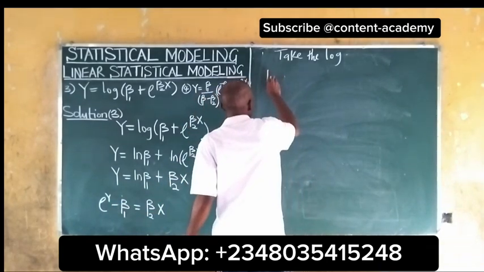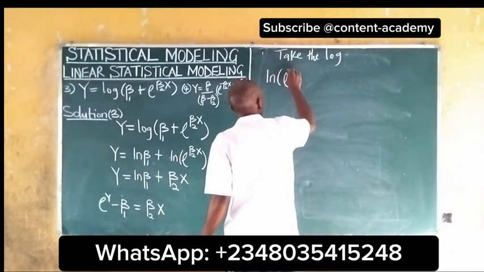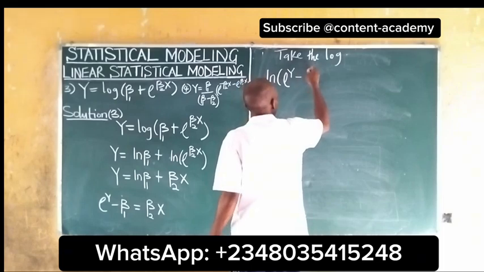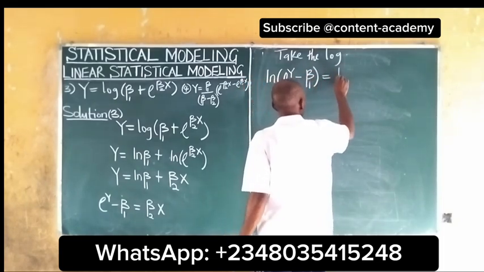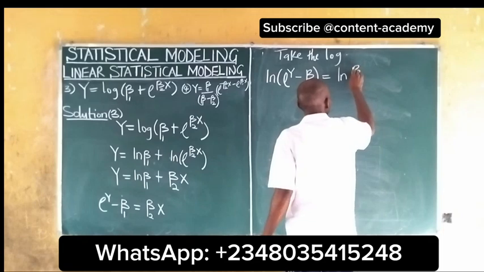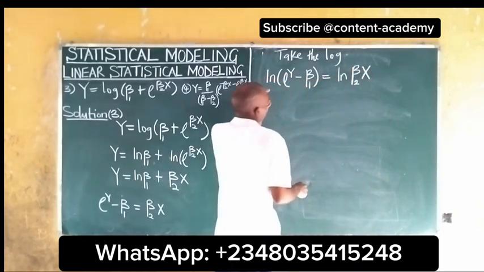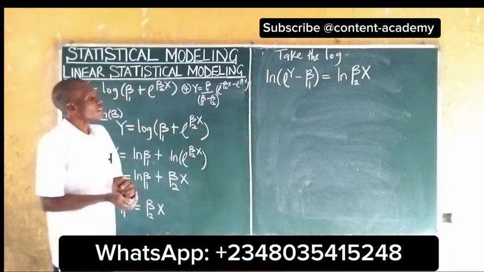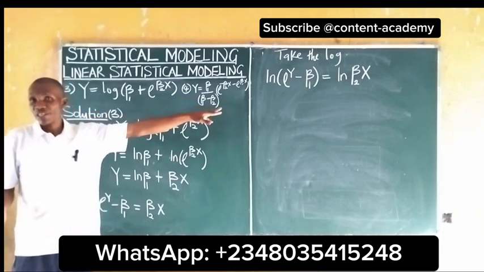So we have the exponent of y minus b1, which is equal to ln b2x. As we can see, this other model cannot be simplified further into a linear form.